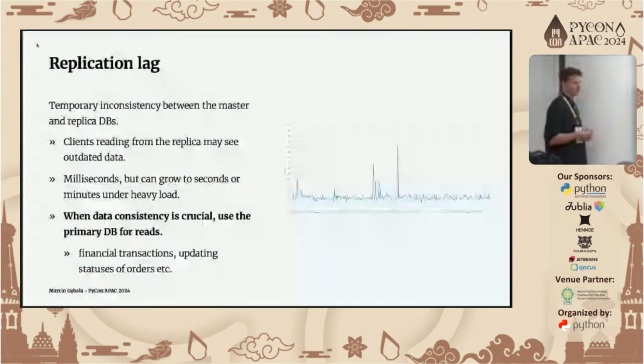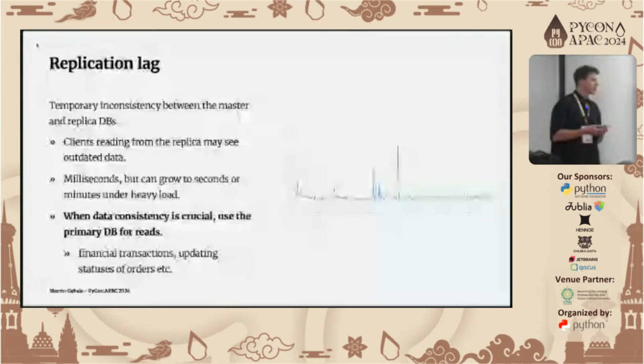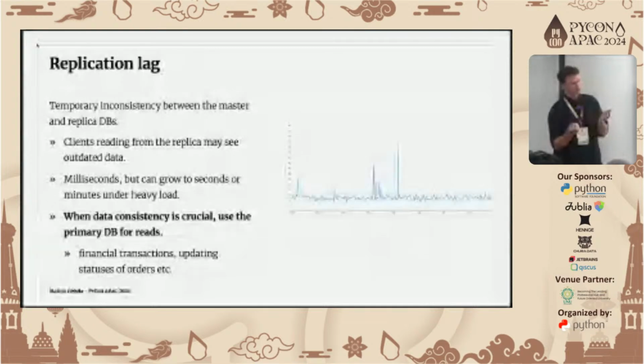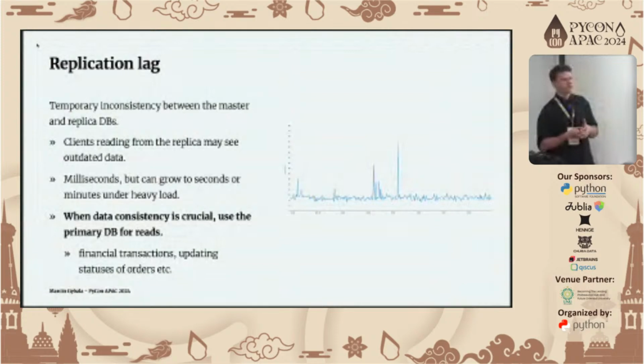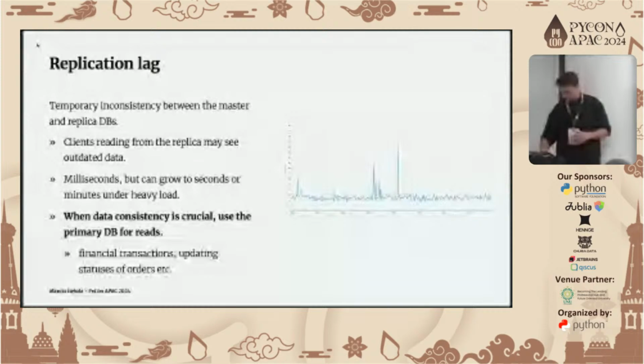Then it becomes visible, and if you're fetching data from your replica, users might get outdated information for this amount of time. It's a very short amount of time, but in some situations you have to be careful about this. And we're going to see one example where you have to take that into account.